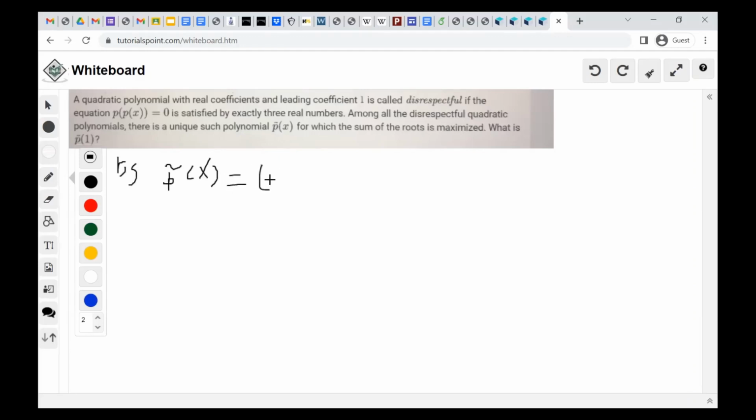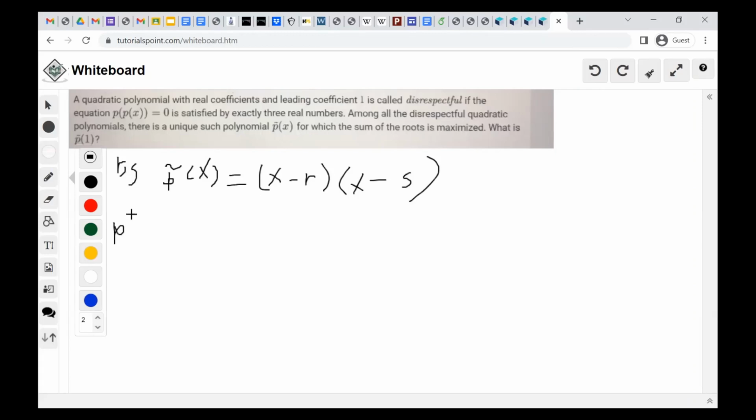It equals x minus r times x minus s. So there's exactly 3 real numbers.